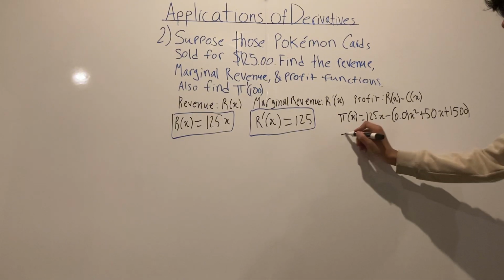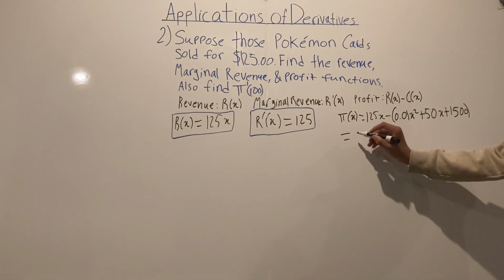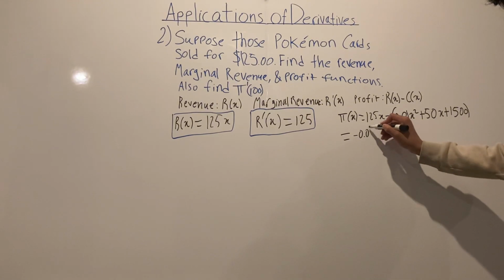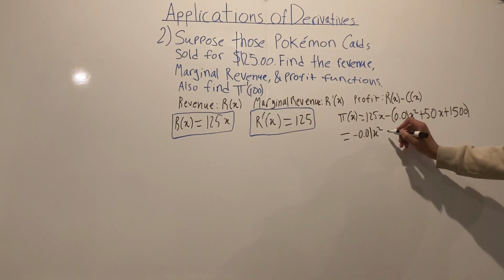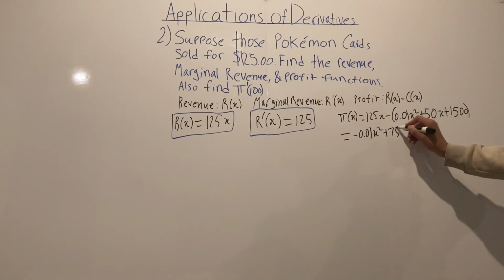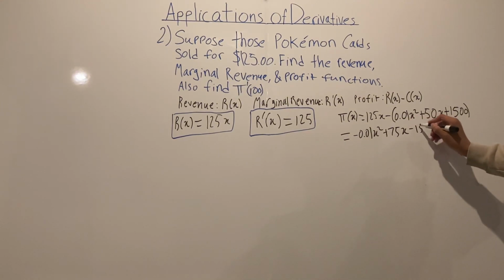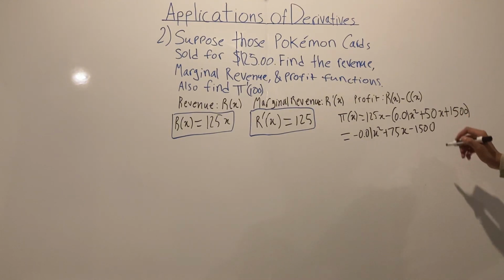Now if we simplify this, this is going to be negative 0.01x squared plus 75x minus 1,500.